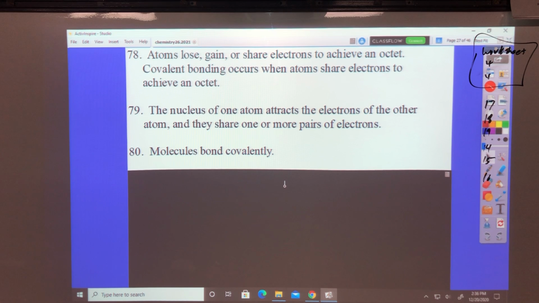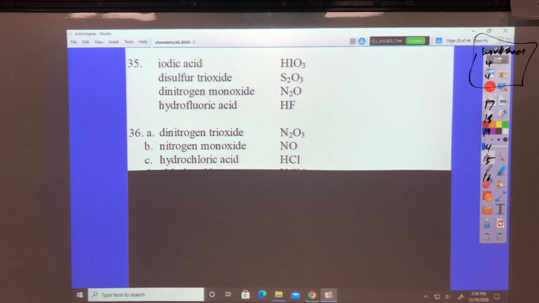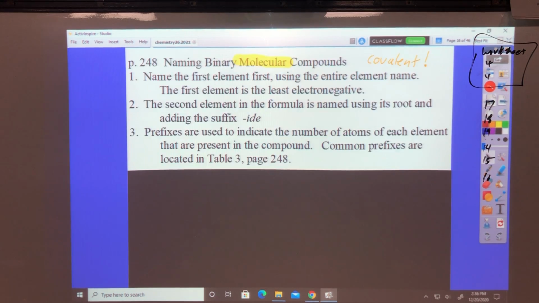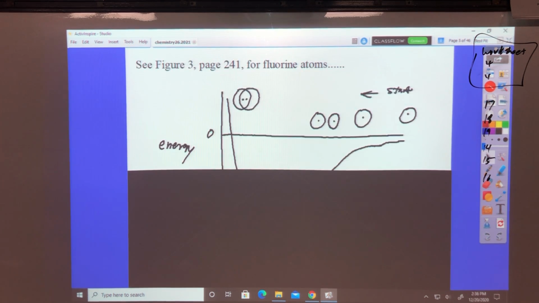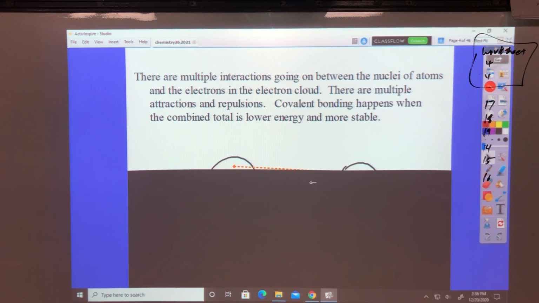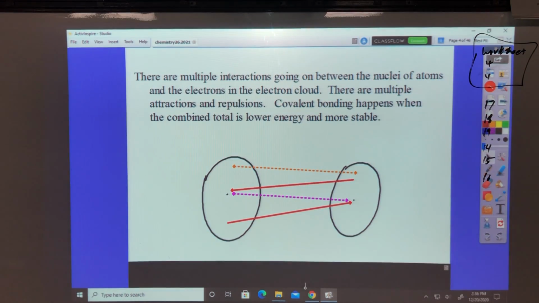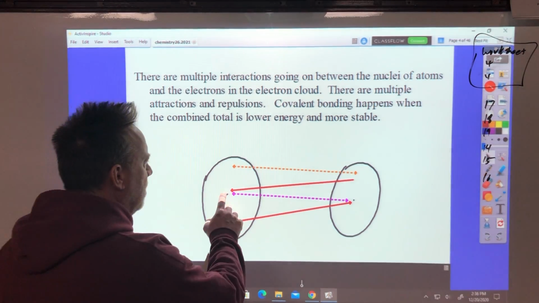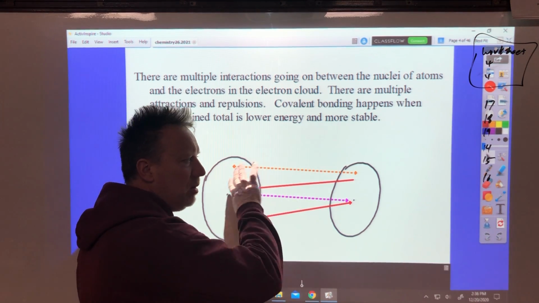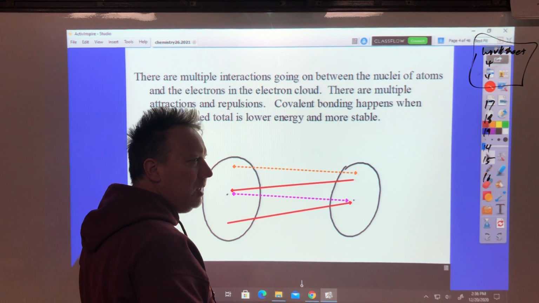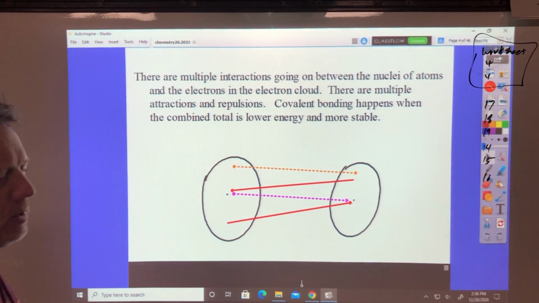Describe the forces, both attractive and repulsive, that occur as 2 atoms move closer together. There's a couple things going on here. If you back up to the previous question, this nucleus is going to attract those electrons some. This nucleus is going to attract these electrons. And there are repulsions between the nuclei and the electrons also.